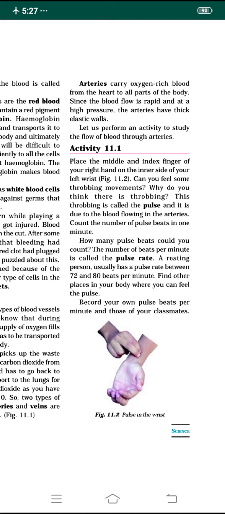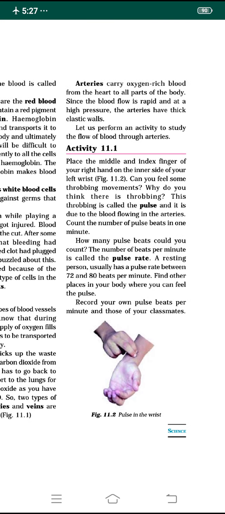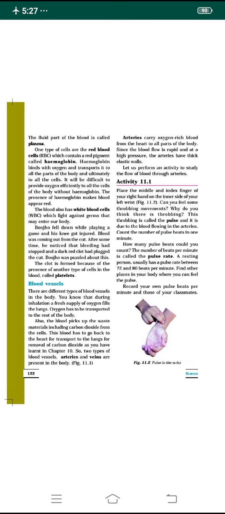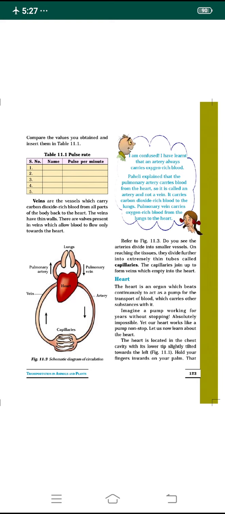You can record your own pulse beats per minute and compare with your friends. Look at figure 11.2, where the pulse is measured on the inner side of the wrist.